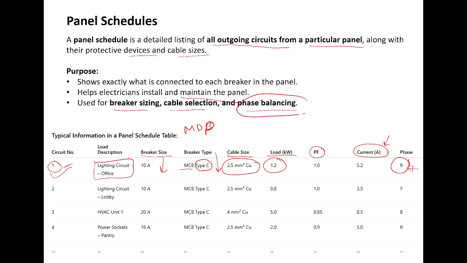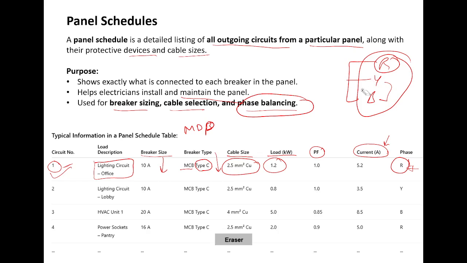Phase balancing is very important, because in a three-phase system, if you connect more load on one phase than another, the system will be unbalanced and many problems will arise. That's why load balancing is very important.